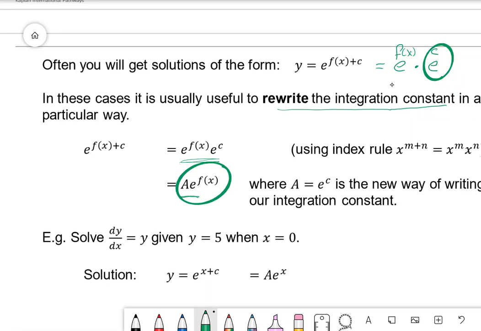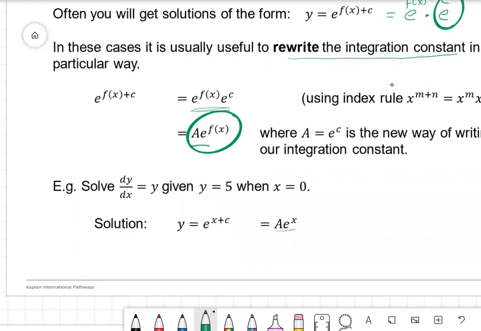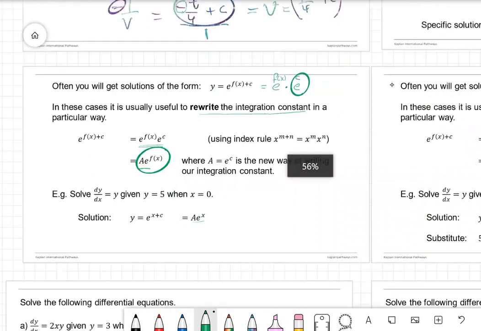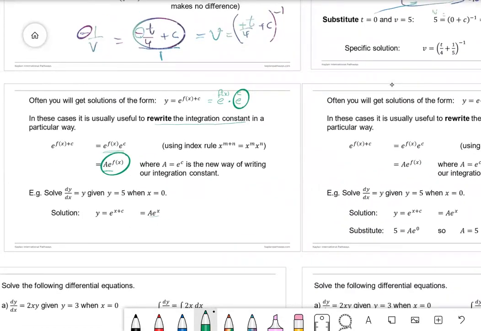Again, after you solve this, you will find y equals e to the power x plus c, and you need to write it as e to the power x multiplied by e to the power c, and you will end up with a e to the power x. So your final answer is going to be y equals a e to the power x.